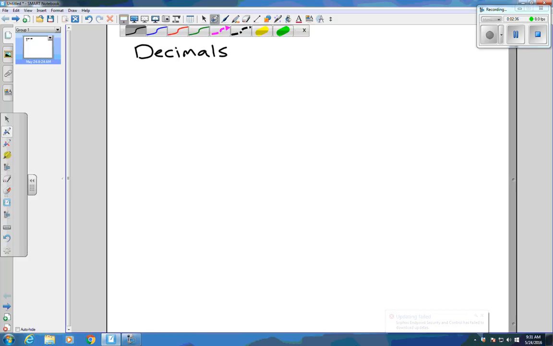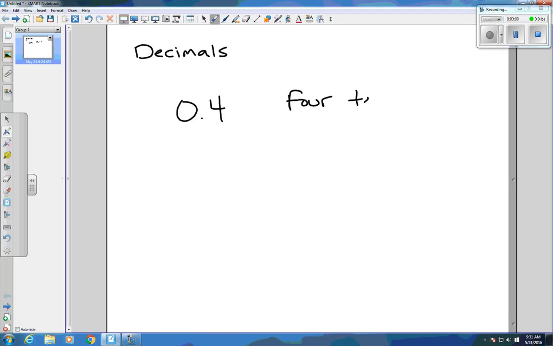Another thing you need to be able to do is write out the words of a decimal. So if I give you the decimal 0.4, how are you going to write that into words? We do not say 0.4. We would say this is 4 tenths.